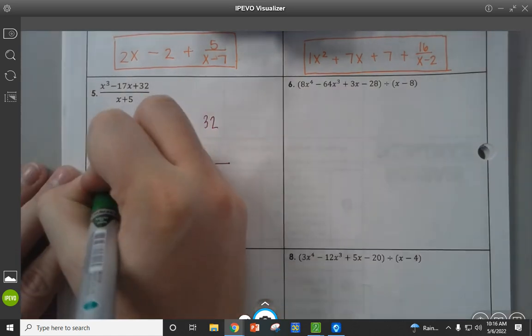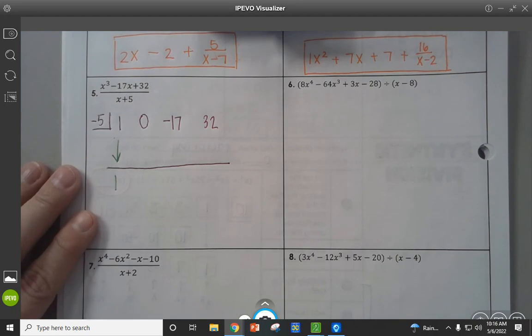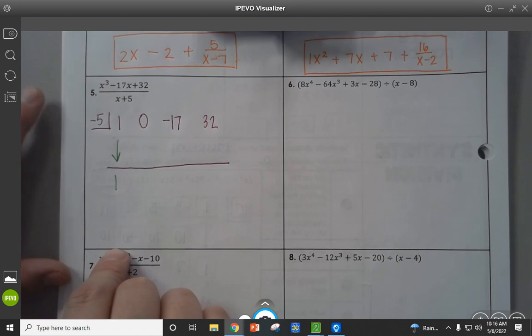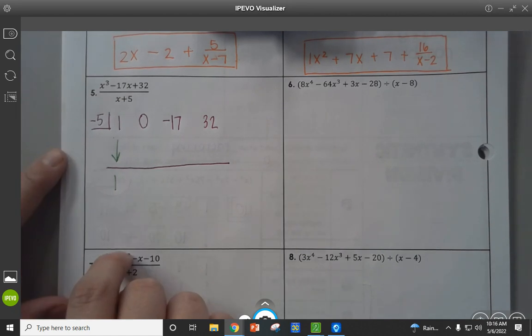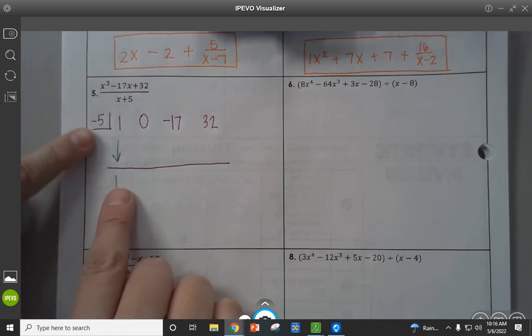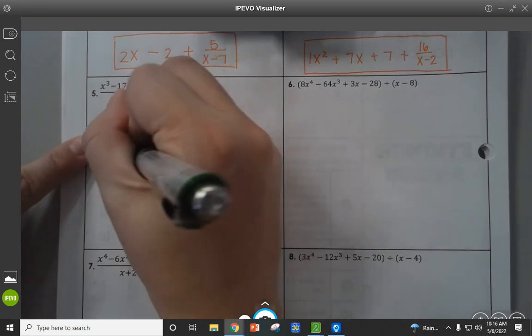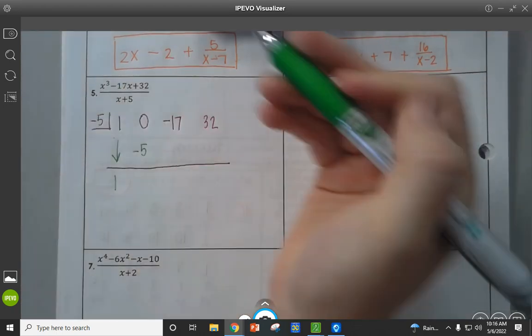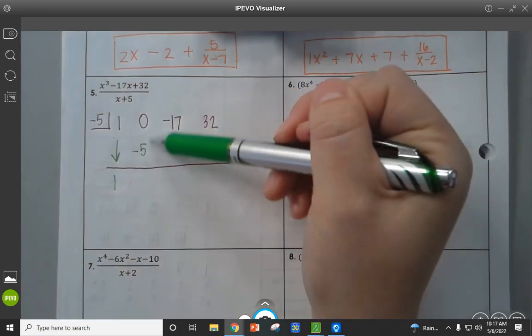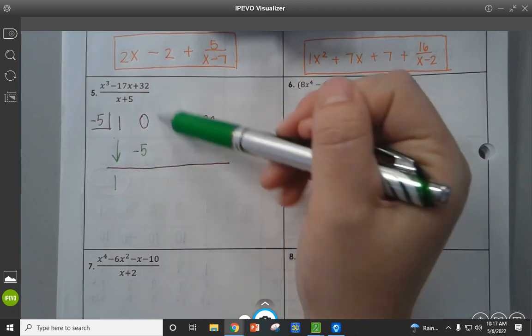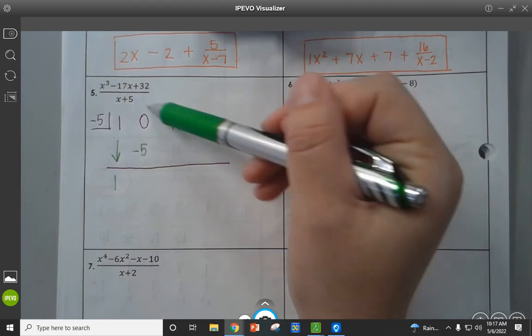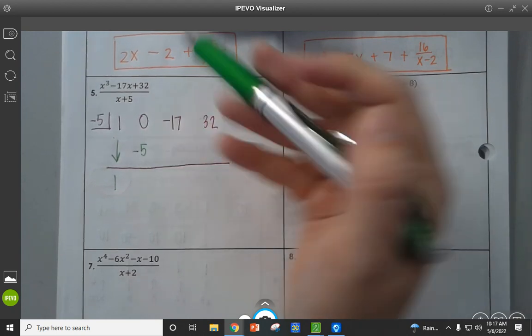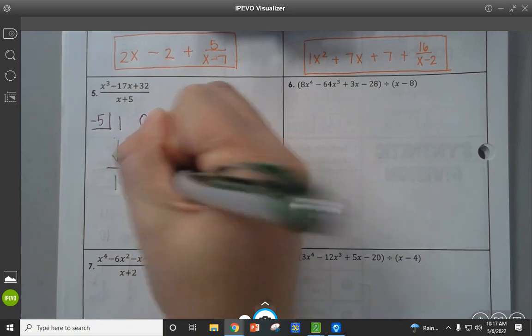Bring down the first number, which is 1. Then what? Multiply these two, and I get -5. Then we add, -5.